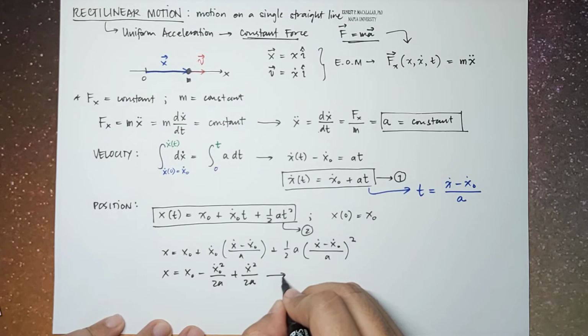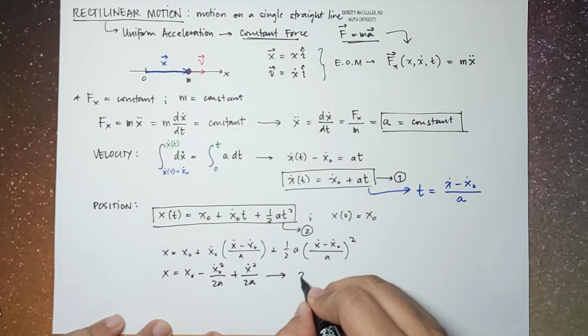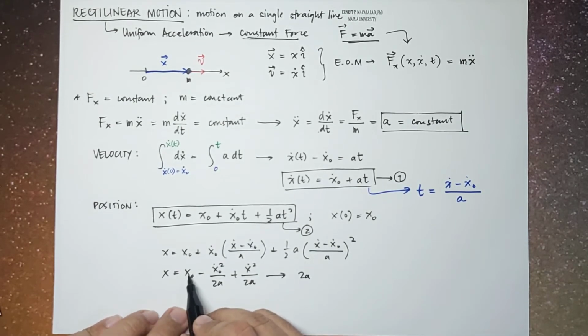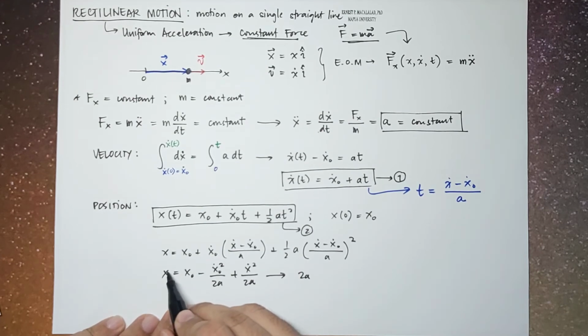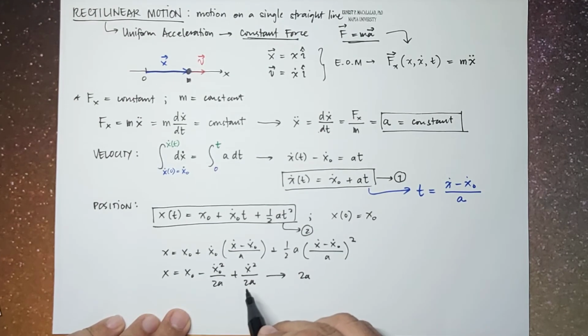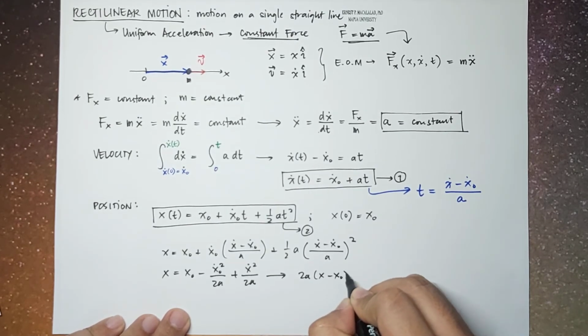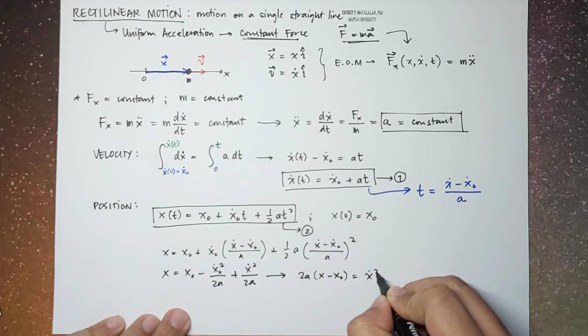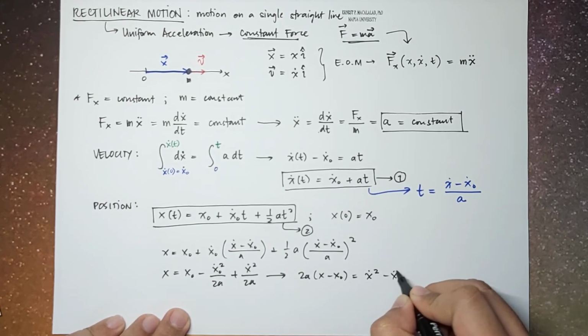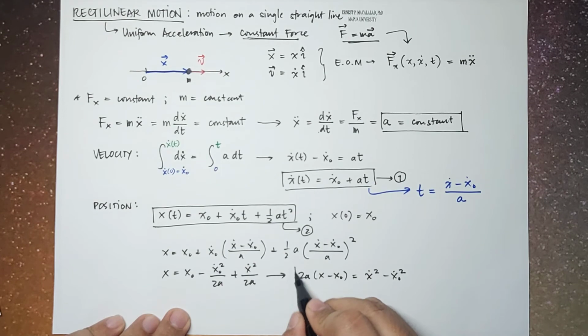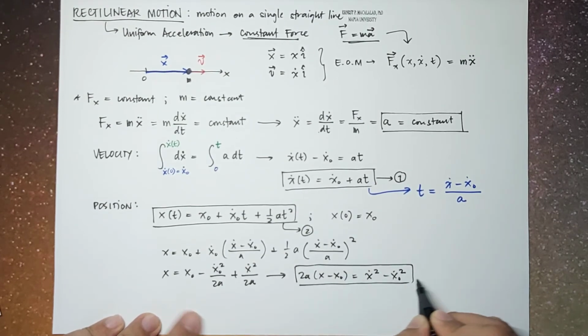Simplifying this, we transpose x naught to the other side and then multiply both sides of the equation by 2a. So this becomes 2a times (x minus x naught) equals x dot squared minus x dot naught squared. Let's call this equation number 3.